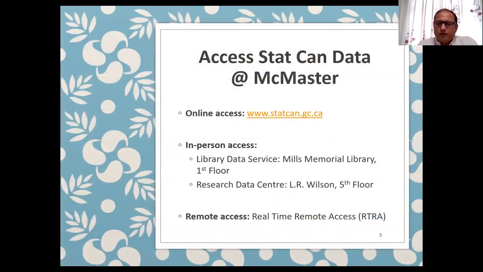So you can get access to the StatCan data at McMaster through their public-facing website, statcan.gc.ca, although there's one section of the website that is not available to the general public. It's a tier 2 access, and you have to log in with your Mac ID in order to get access to that. I'll show you which part of that website it is.